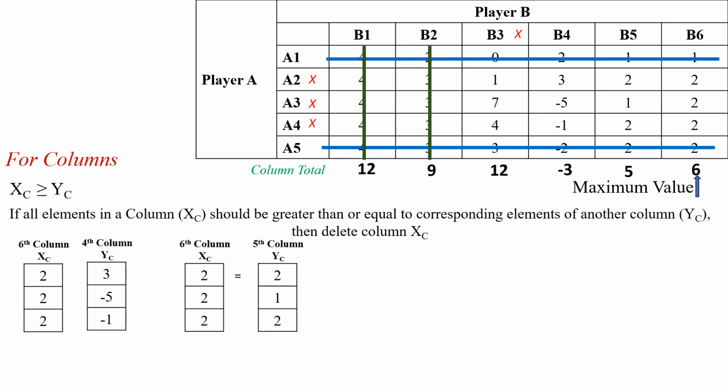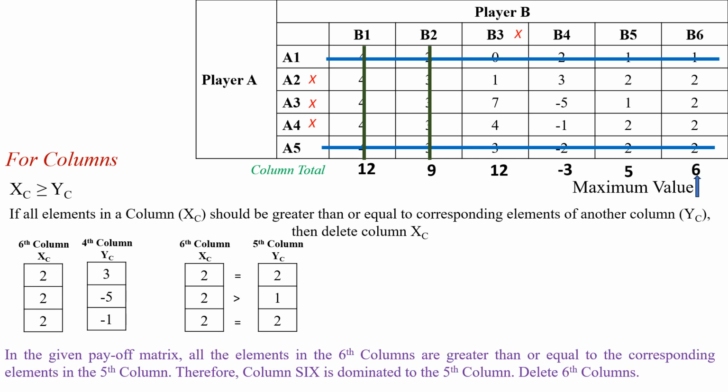So here 2 equal to the 2, and 2 is greater than the 1, and 2 equal to the 2. So all the elements in the sixth column are greater than or equal to the corresponding elements of the fifth column. Therefore, sixth column is dominated by the fifth column. Then we have to delete this sixth column.